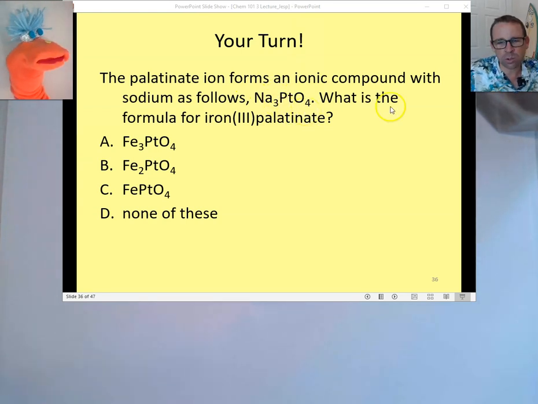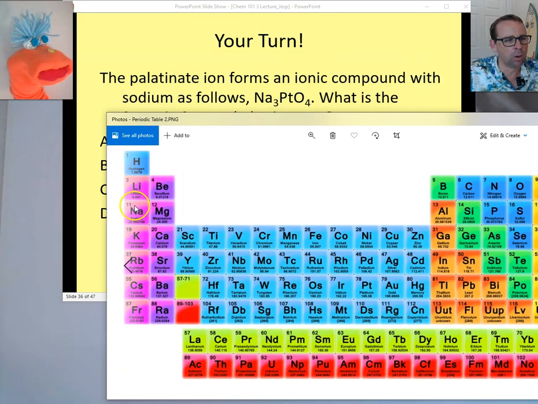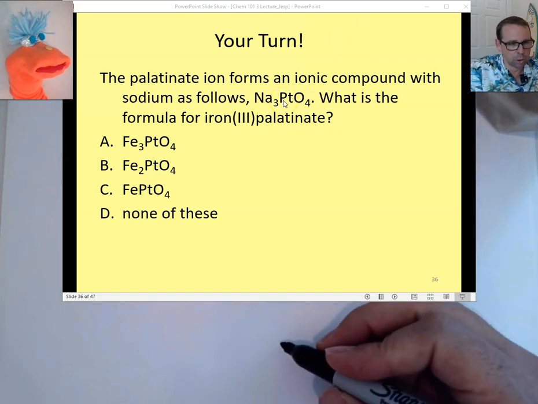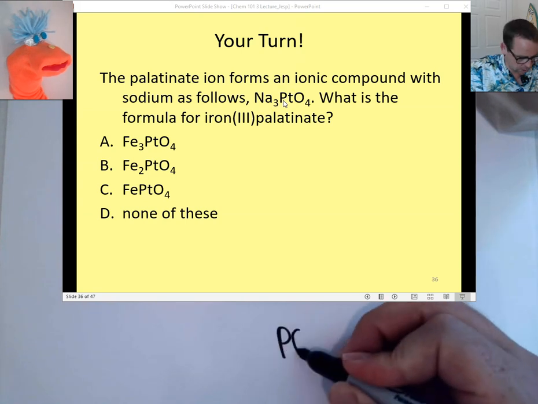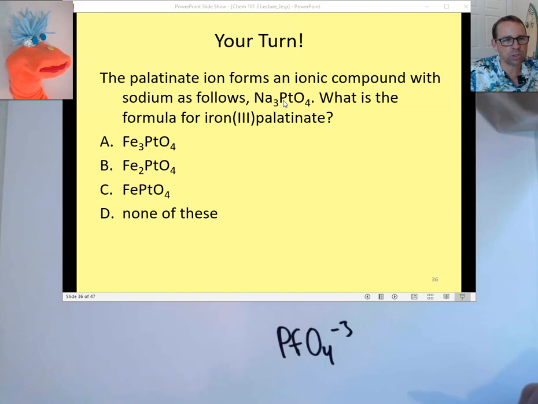Well, do you know what the charge on the sodium ion is? Oh, it's going to be a +1, huh? That's right, it would be a +1. Therefore, if I need 3 of them for every platinate, what does that tell us is the charge on the platinate? Must be a -3. That's right. So PtO4 has a -3 charge.